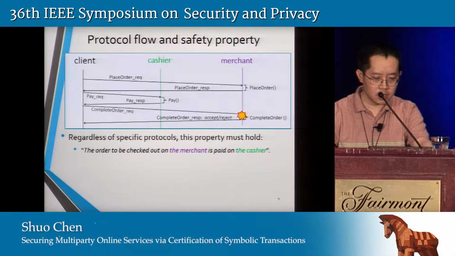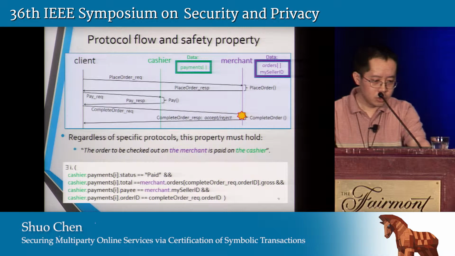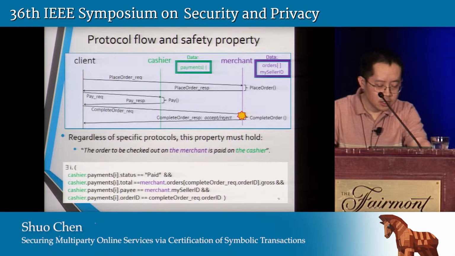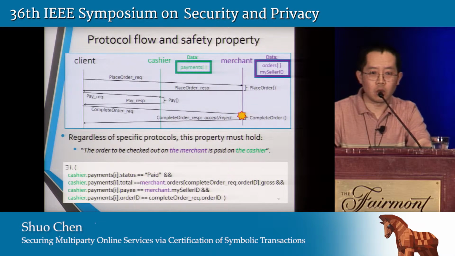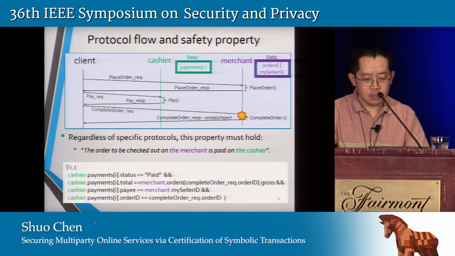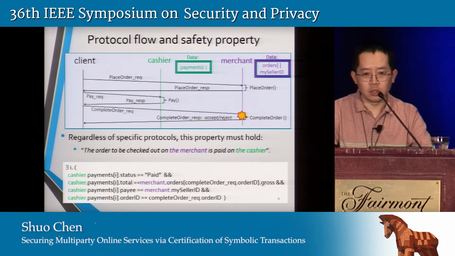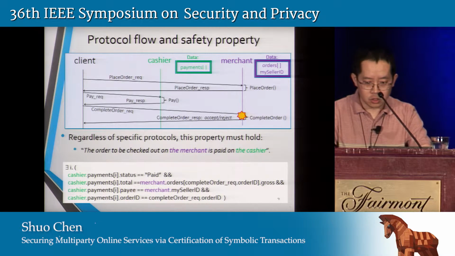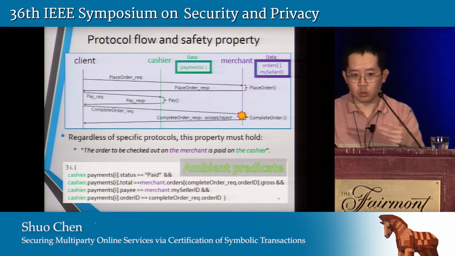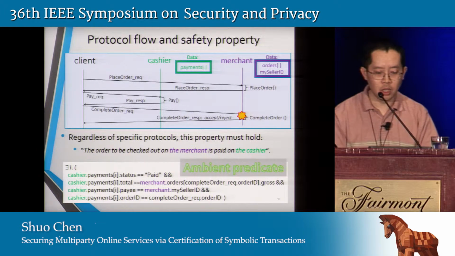More specifically, we want to check that there exists a payment on the cashier of which the status is paid, the total equals the gross amount of the order, the payee is this merchant, and the payment is for this particular order. So this is our ambient predicate. This is what we want to ensure by the whole system.